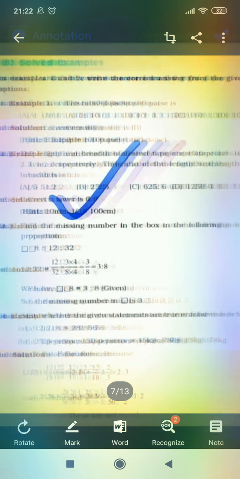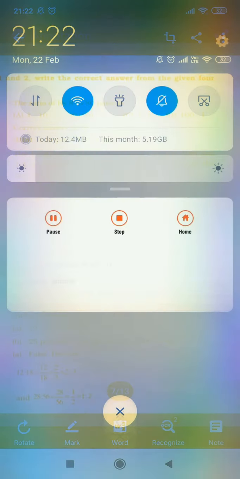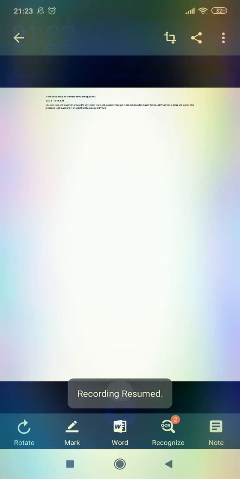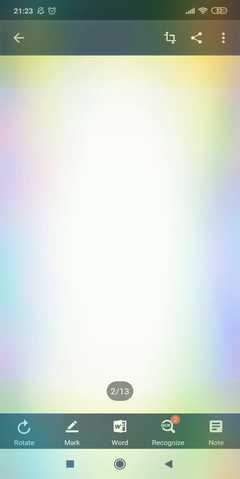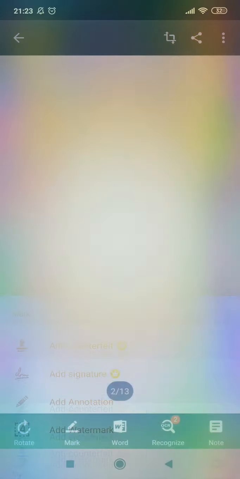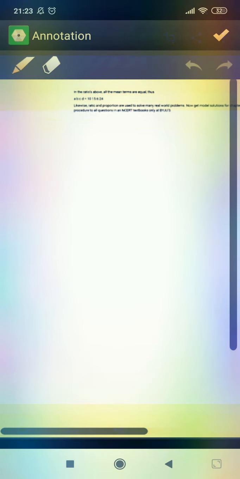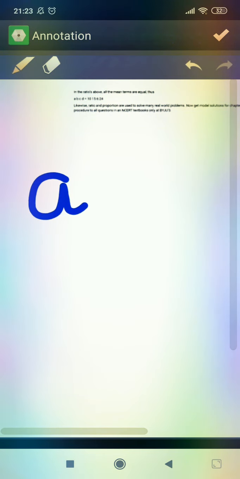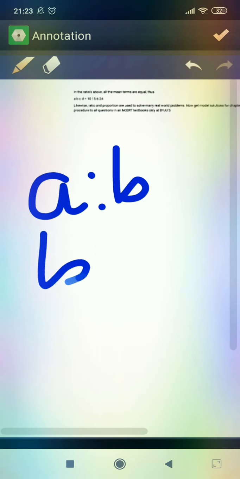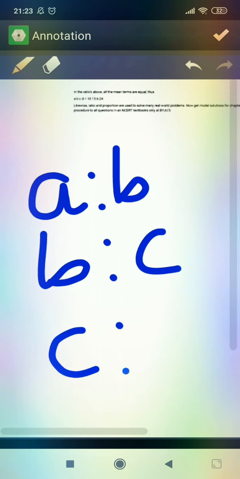Next, find the missing number in the box in the following proportion. Now, generally I will discuss one thing that will be asked in many of your exams. Suppose A is to B is there, and B is to C is there, and C is to D. These can be compared.